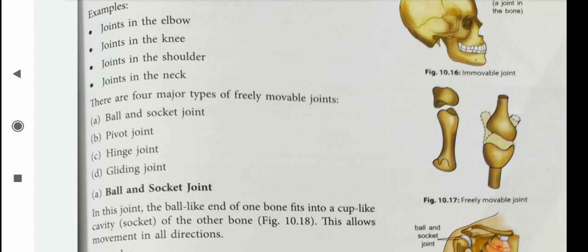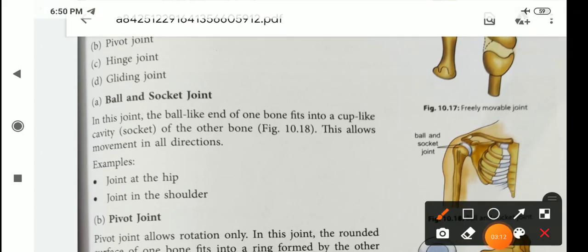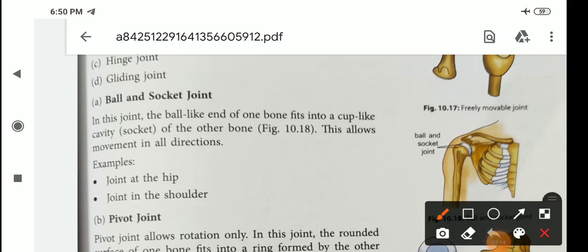Okay, so what is a ball and socket joint? First of all, we discuss. In this joint, the ball-like end of one bone fits into a cup-like cavity, means socket type. Children, here you see the cup-like structure, that is known as the socket of the other bone.